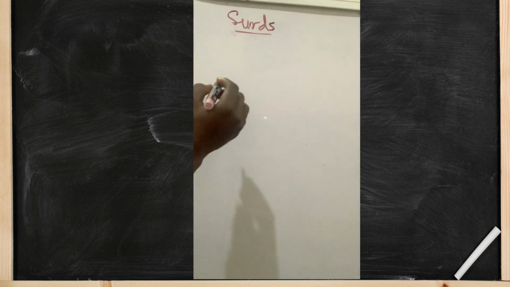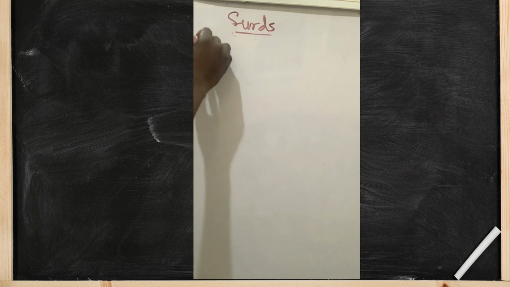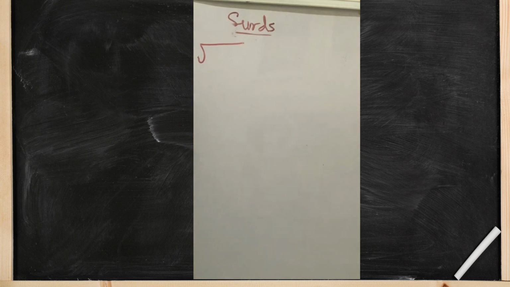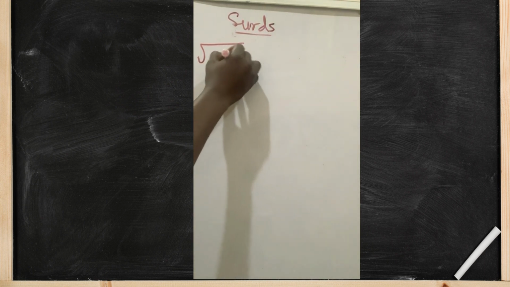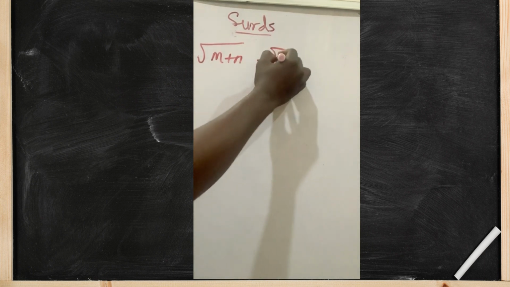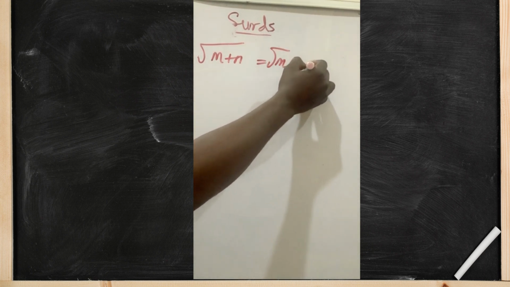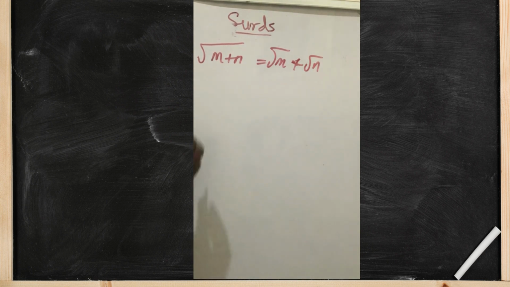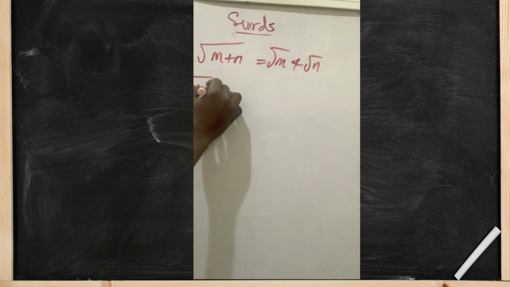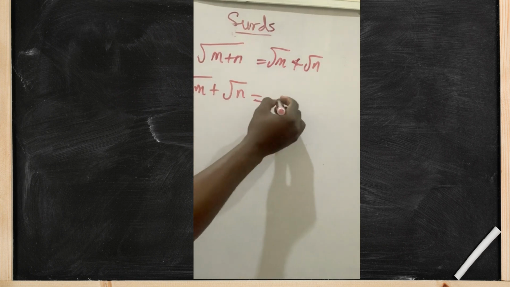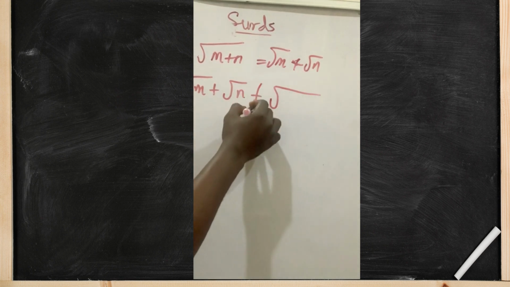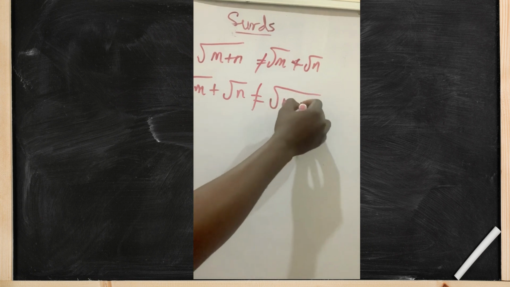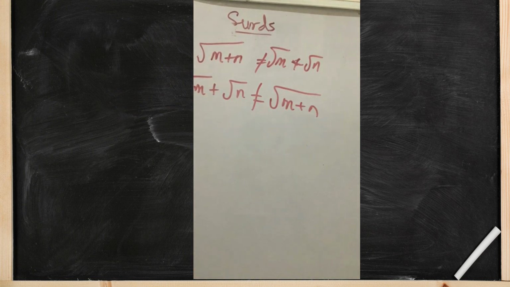Though you can add similar surds, you cannot add surds just the way we did for the multiplication and division. When you have something like this, you can't break it down like this. You can't match them up. It's not possible. It's wrong.